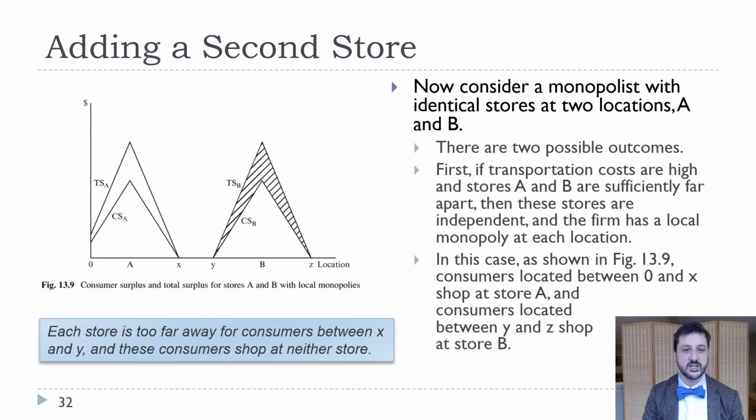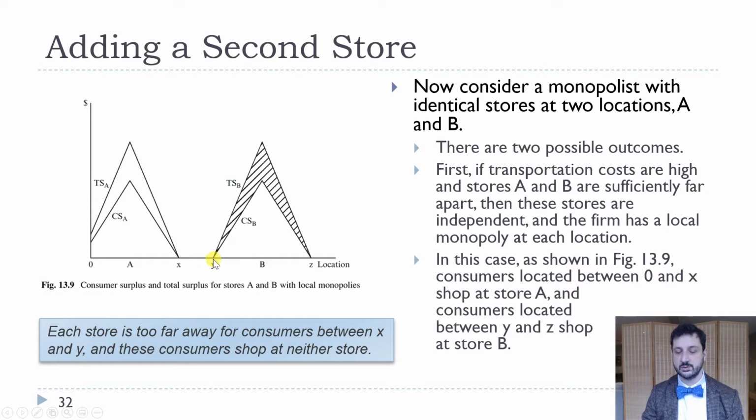If transportation costs are high and the two stores are far apart, then we have something like in this figure. Consumers between 0 and X shop at store A or buy brand A, and between Y and Z shop at store B or buy brand B. But we're still not covering the entire market, right?